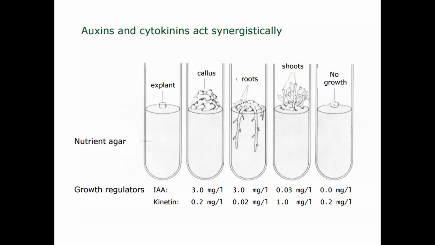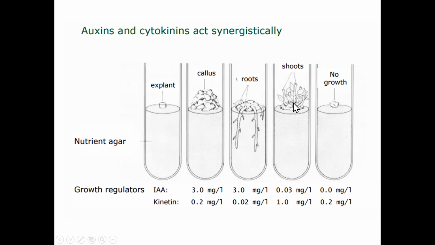Here you can see auxin and cytokinin act synergistically. This is the medium, you put the explant plant. Here, auxin, you use indole acetic acid, cytokinin, you use kinetin. So if you use 3:0.2, the auxin and cytokinin, you can find only callus, continuously callus, profuse growth of plant tissue, parenchymatous tissue. But if you put 3:0.02, here you can see root formation took place.